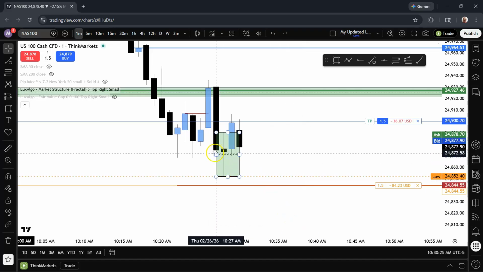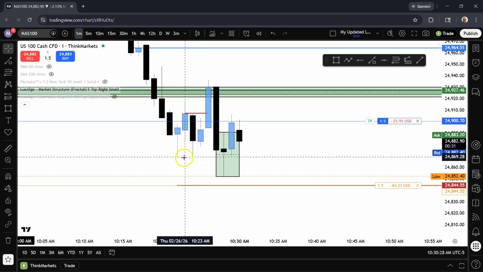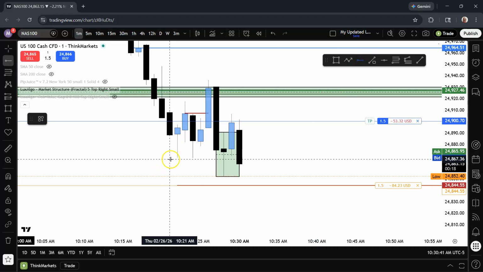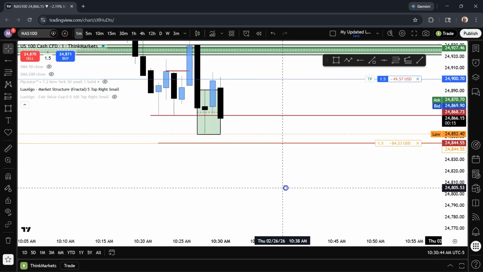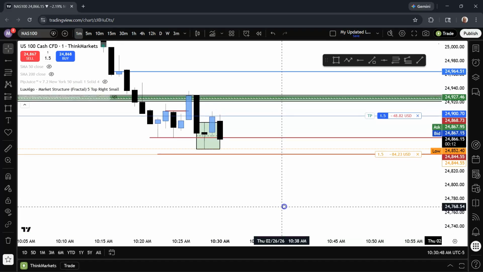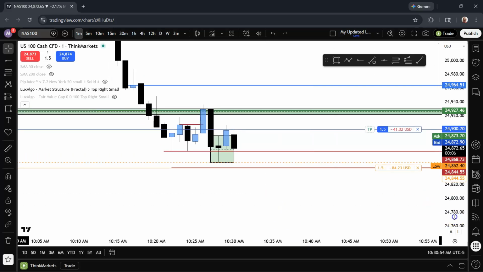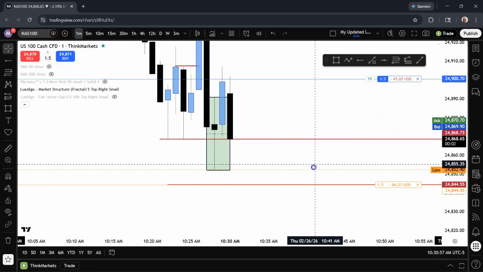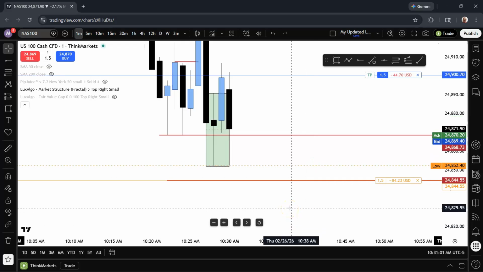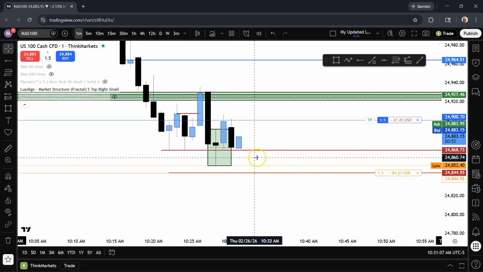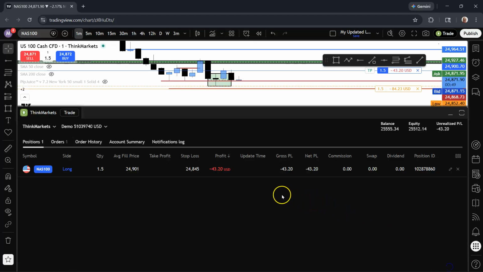Okay. Liquidity. Might not be a winning trade. Let's see what happens. Negative 46.